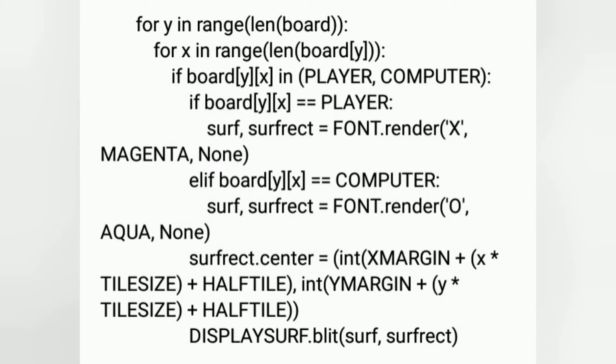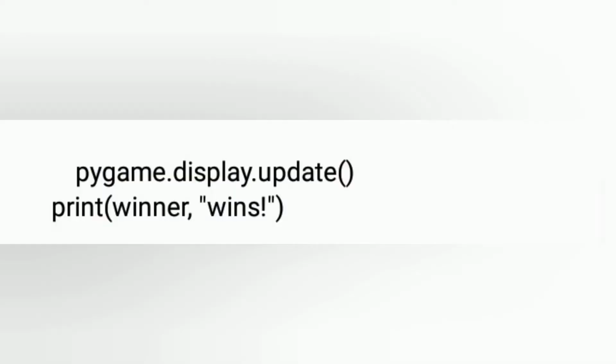This coding tells the colors for the objects placed by the player and computer. It also tells the object to be centered in the box. The print program is for knowing the winner by displaying the winning word.